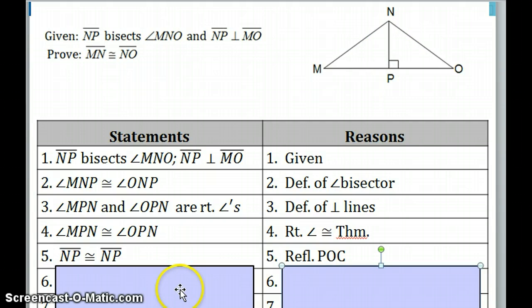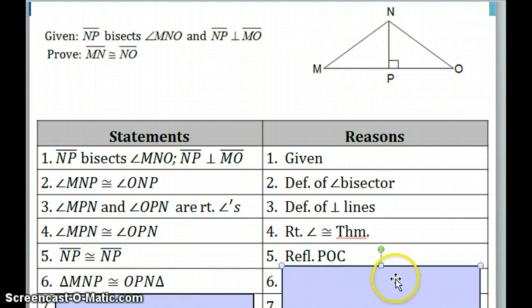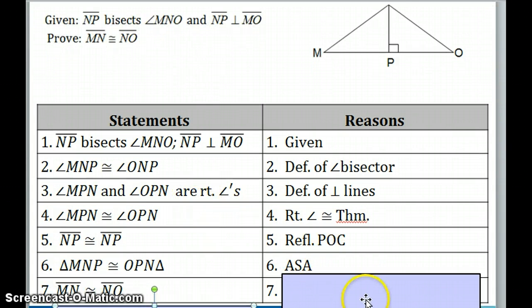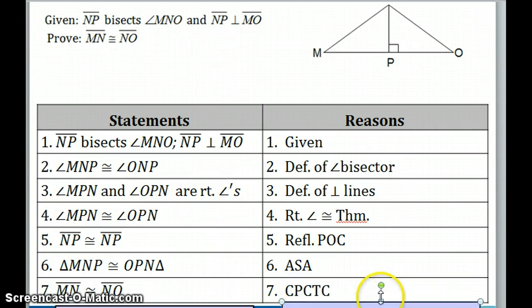So the triangles are congruent by angle side angle. And since the triangles are congruent, segment MN is congruent to segment NO by CPCTC.